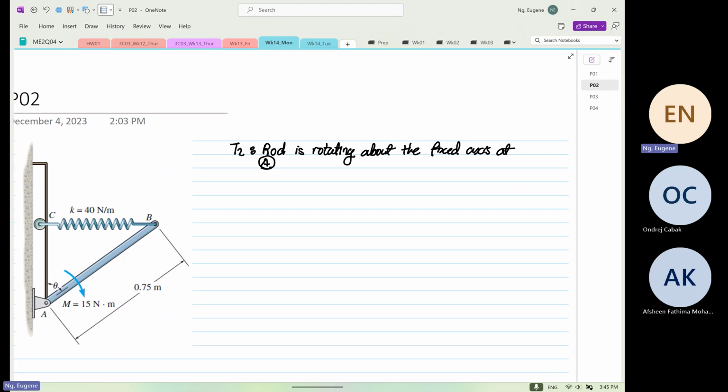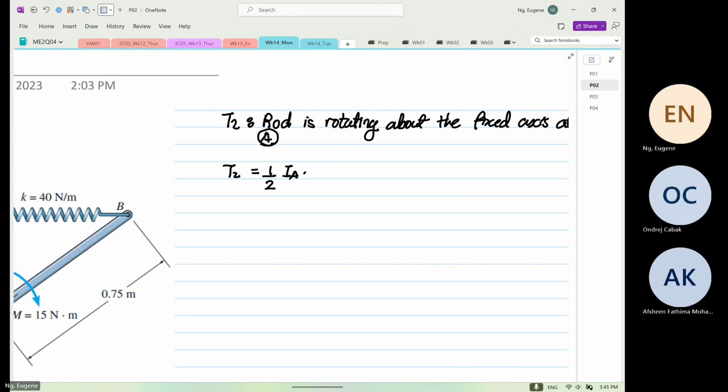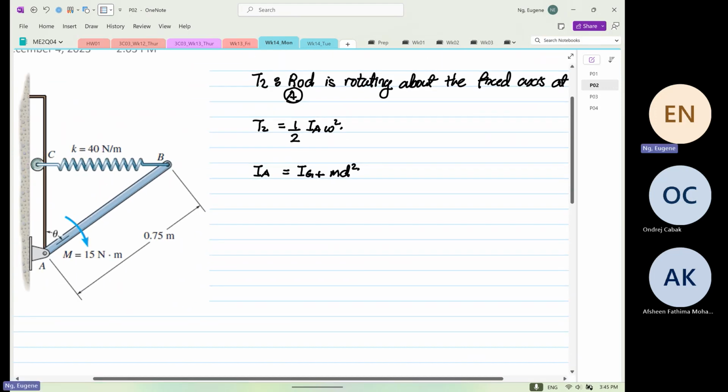The fixed axis at point A. So T2 will be equal to half IA omega squared. Okay. So I'm going to take IA, the mass moment of inertia at A, is equal to IG plus what? MD squared.